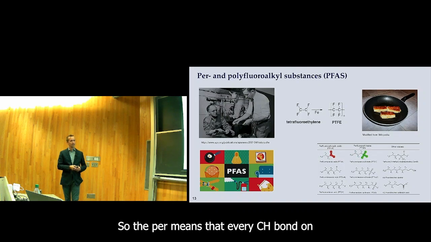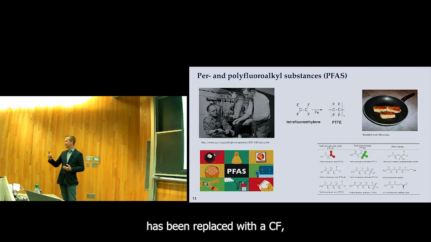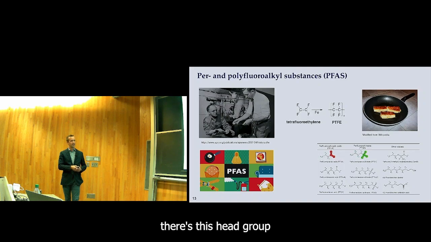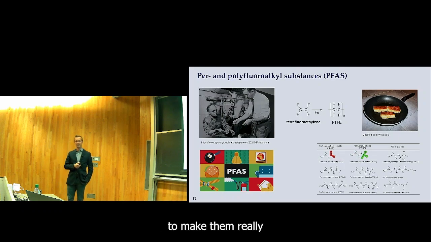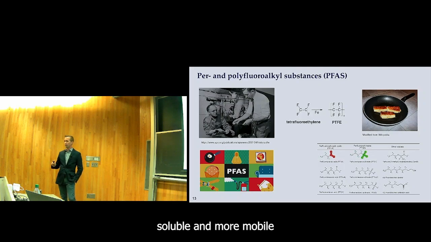The per means that every CH bond on the structure has been replaced with a CF. For the carboxylic acids, there's this head group that is a carboxylate, and the sulfonates have the sulfonate head group. Now, these charges tend to make them really soluble and more mobile in groundwater flows, and so there can be long-range transport of these compounds in water.